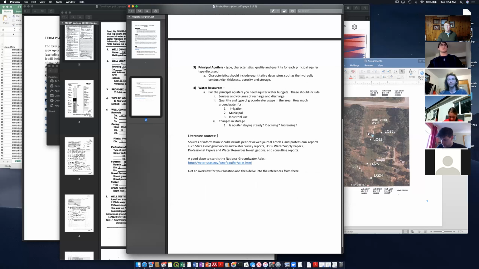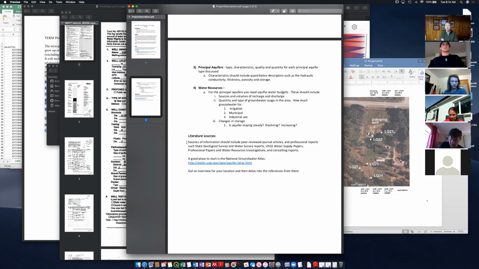Oh, a note about sources. The sources of information that you can use to develop your conceptual model are those that we would typically use if we were writing a professional report.